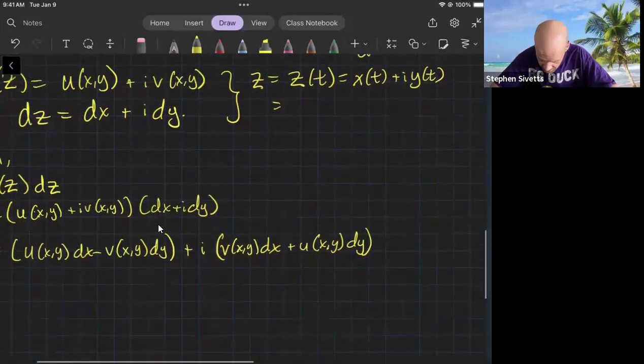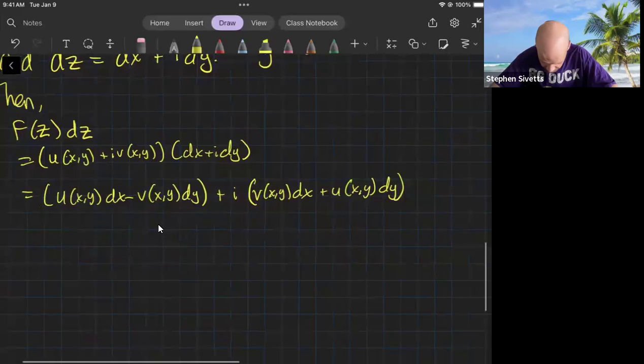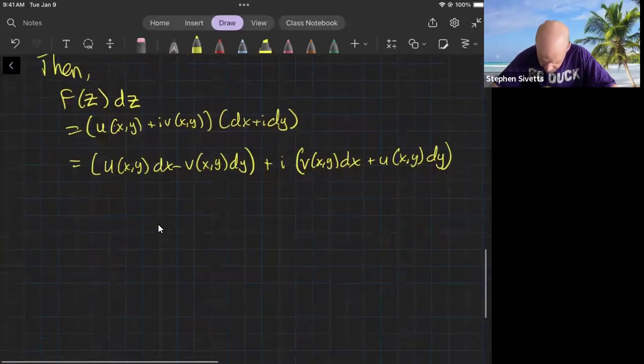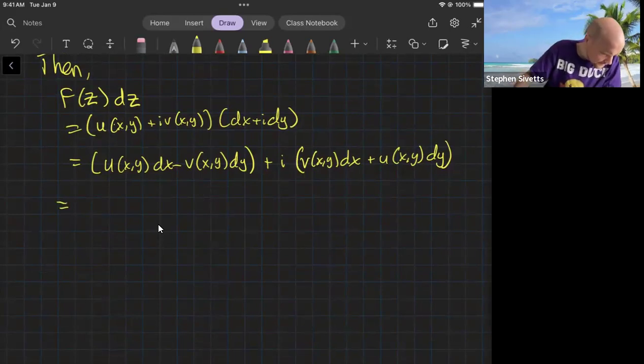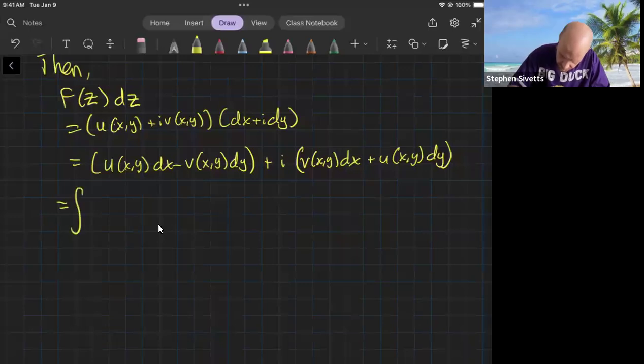So z of t is a parameterization. The line integral, it's not closed, we don't know that.